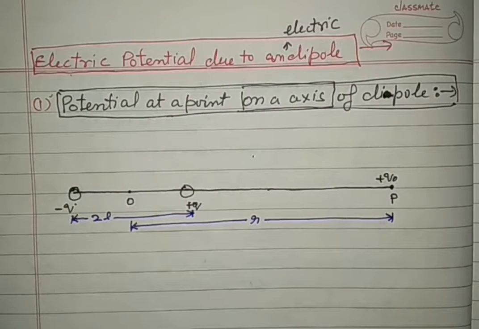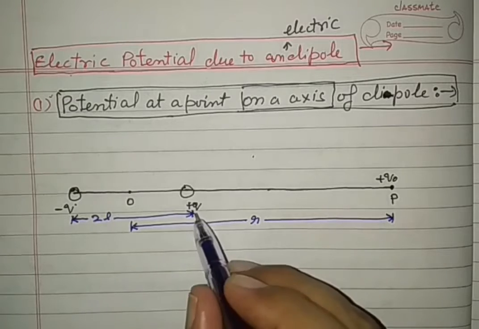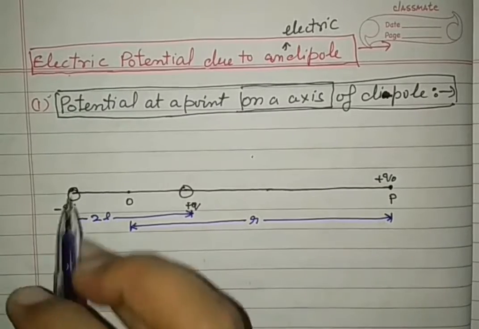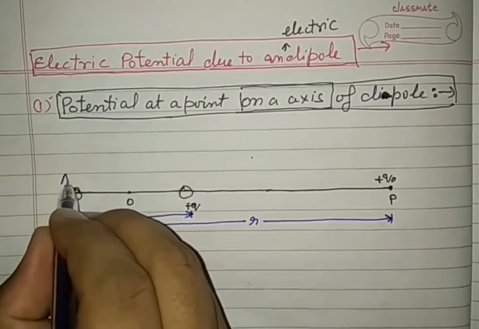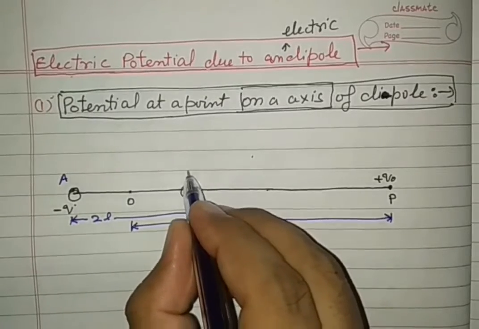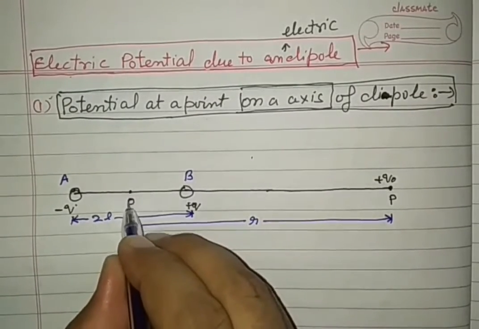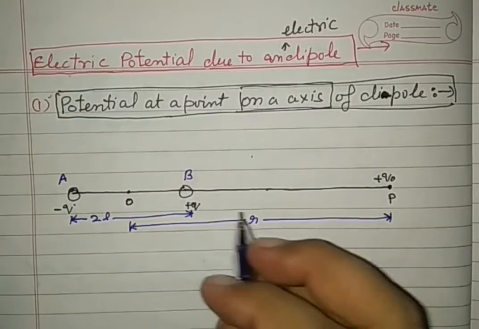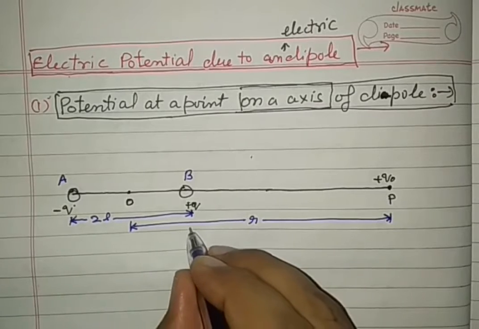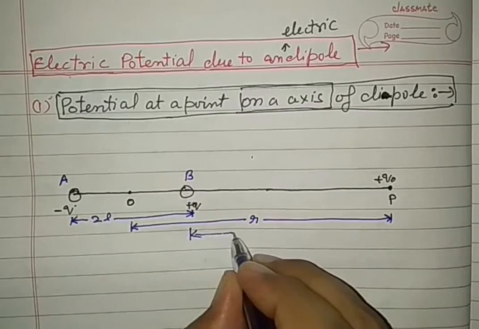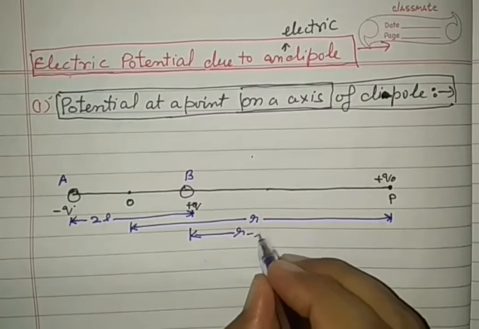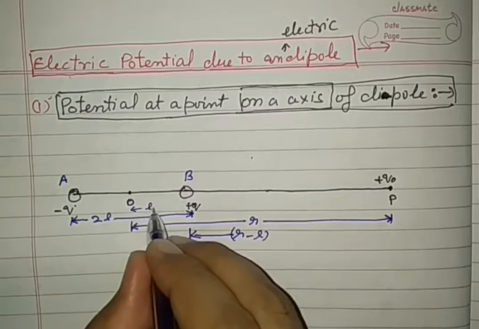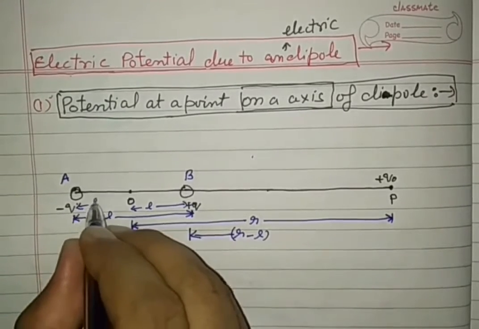Now see carefully some of the calculations here. The test charge will experience two electric potentials, one due to the negative charge at point A and one due to the positive charge at point B, and the center is this O. So the distance of the test charge from the positive charge will be R minus L. 2L means L this side and L this side.